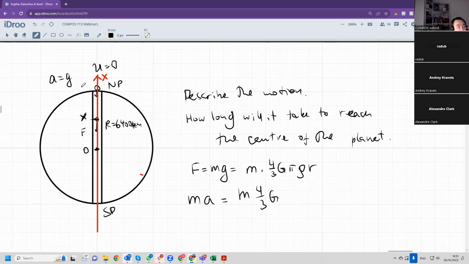The force is going in the opposite direction. If the displacement is up, the force is down, so it's minus. So ma is minus m 4/3 G pi rho x. In other words, m cancels, and you have acceleration is equal to minus 4/3 G pi rho x.